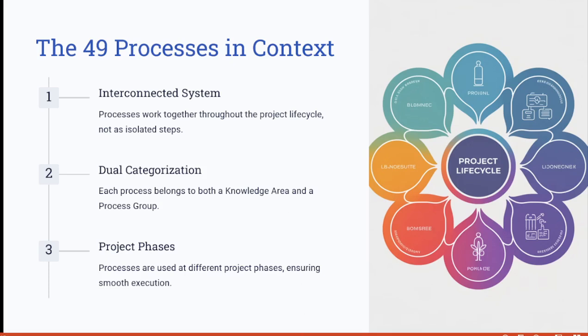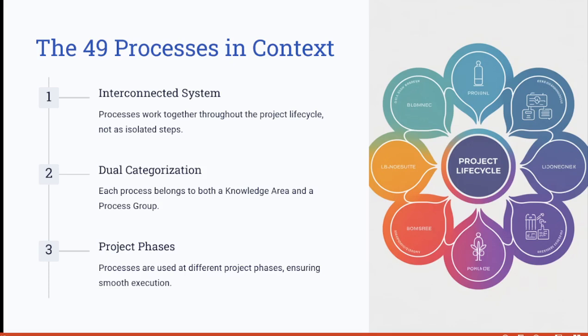How the 49 processes fit into the bigger picture. Project management processes are not standalone activities. They form an interconnected system that ensures projects run smoothly from initiation to closure. Each of the 49 processes belongs to a knowledge area, which is what's being managed, and a process group, which is when it's being managed.